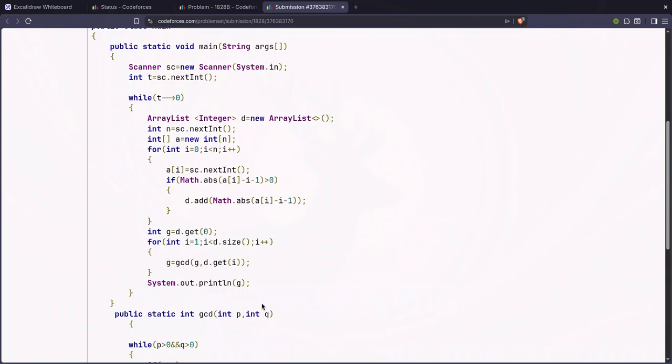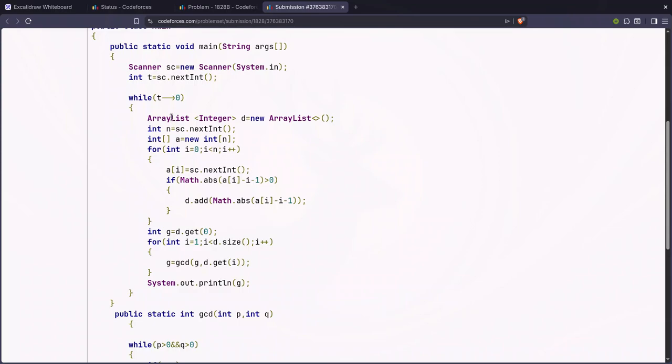I have first used, as we don't know how many integers, when we find the distance, we don't know if it's 0 or any positive value, right? And we need the GCD of all the positive values only. So I have used an ArrayList instead of an array, because an array is used when we know the number of elements, but in this case we are finding it out as we go.